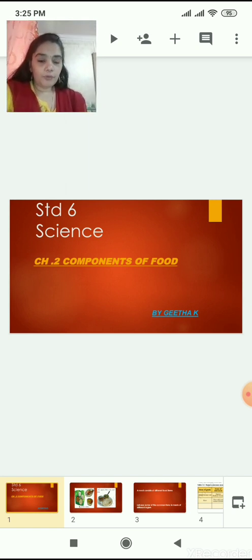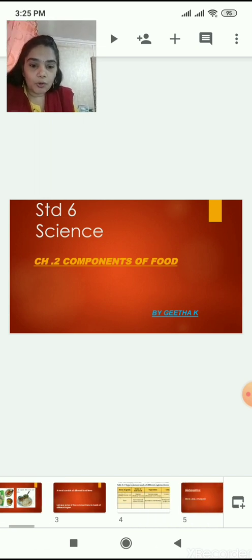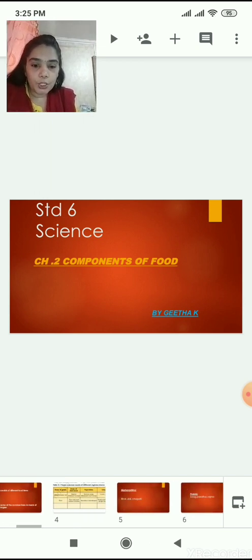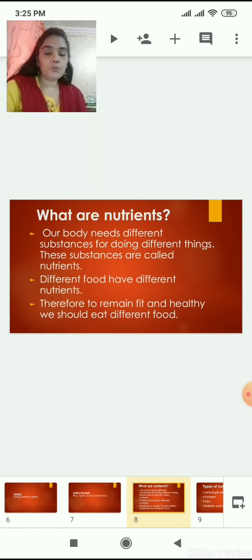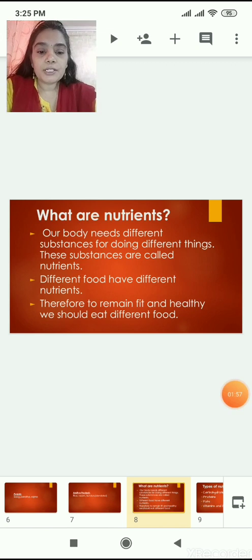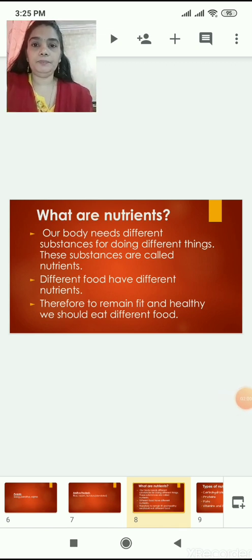So our food mainly consists of some nutrients. You all remember what nutrients are? Yes, our body needs different substances for doing different things. These substances are called nutrients.